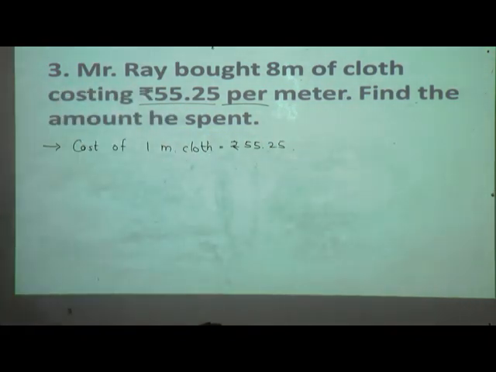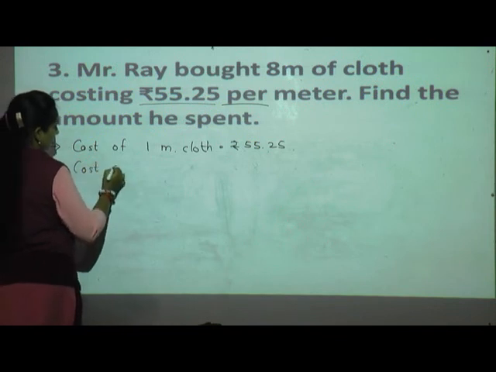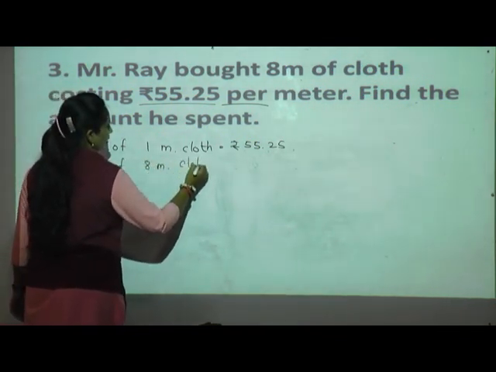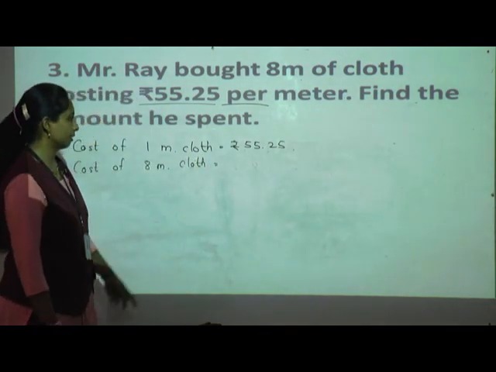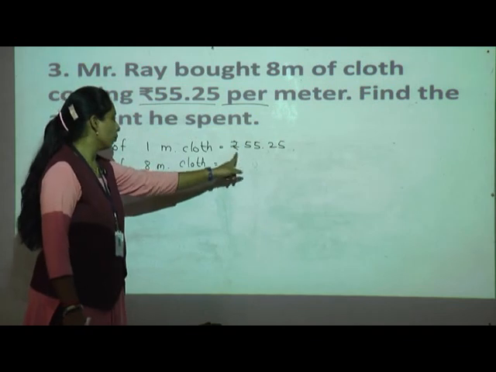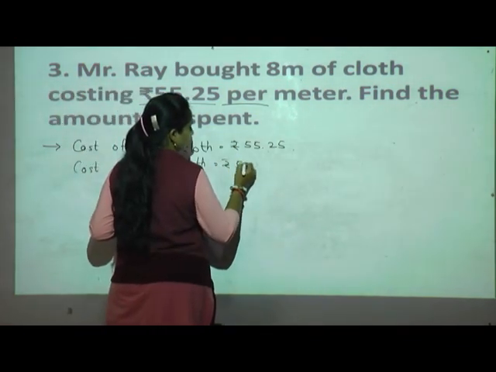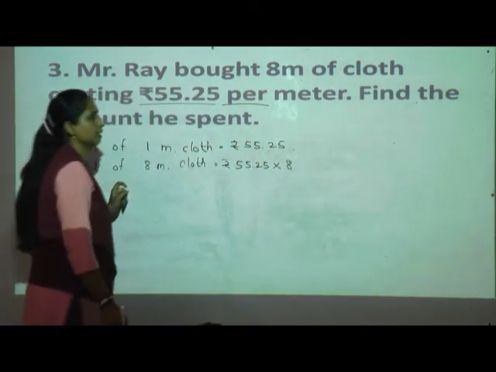Then we have to find out the cost of 8 meters of cloth. Then what will you do? We have to multiply 1 meter by 8 meters. 55.25 multiplied by 8, isn't it?